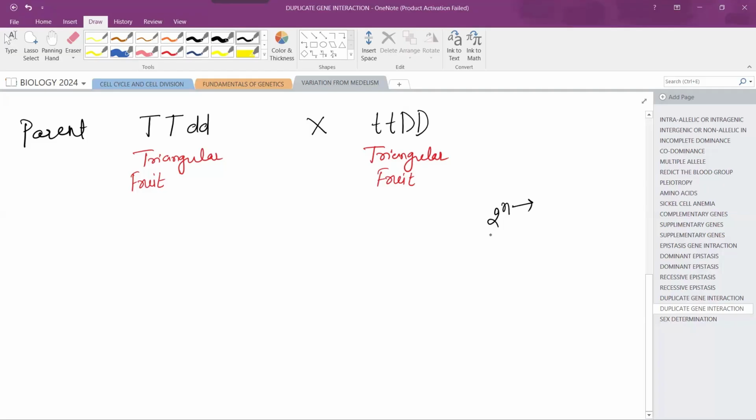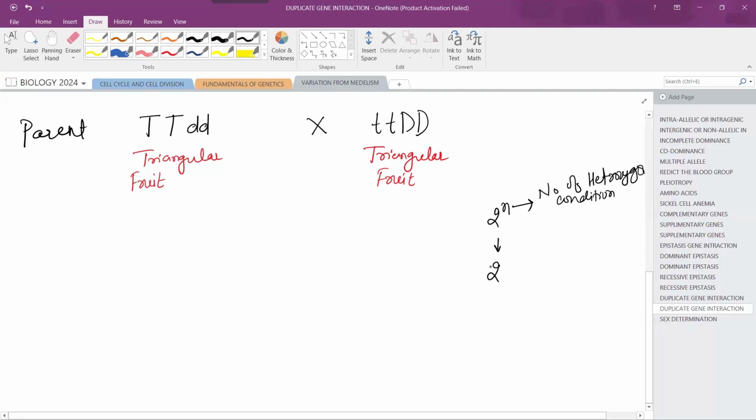The number of heterozygous conditions. So in that case, can you tell me how many heterozygous conditions you can observe?